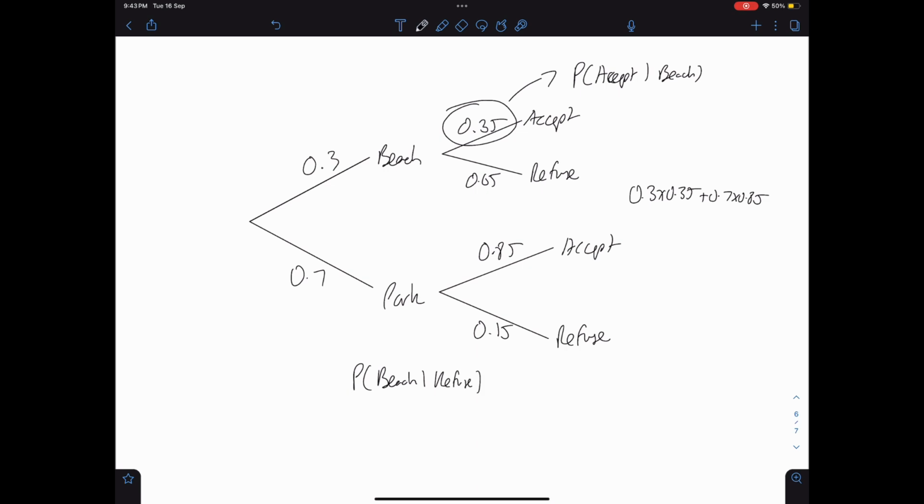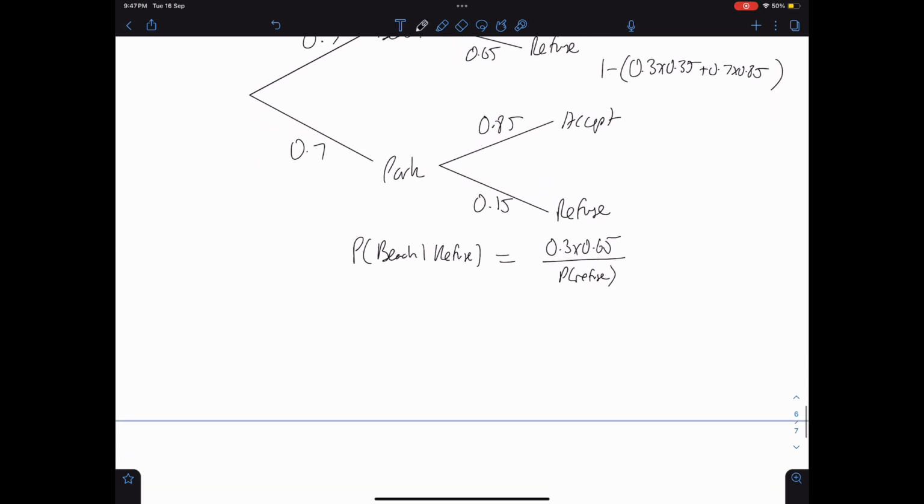So you would calculate the probability of refusal, which is, well, it's just 1 minus whatever this is. But you do that. But then you do the probability of beach and refuse happening. So 0.3 times 0.65.